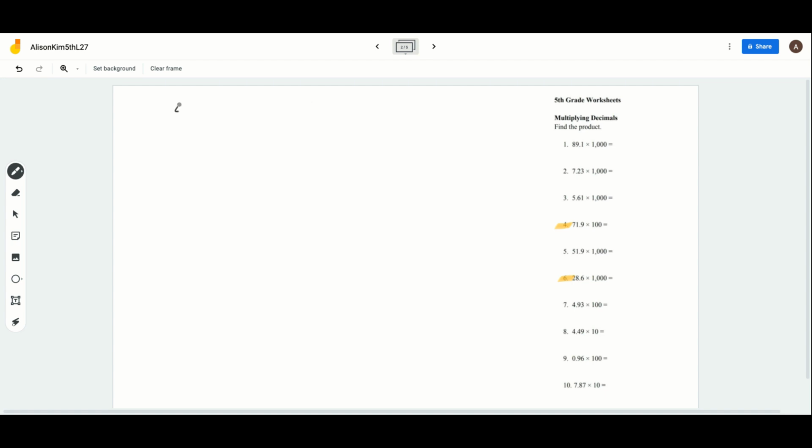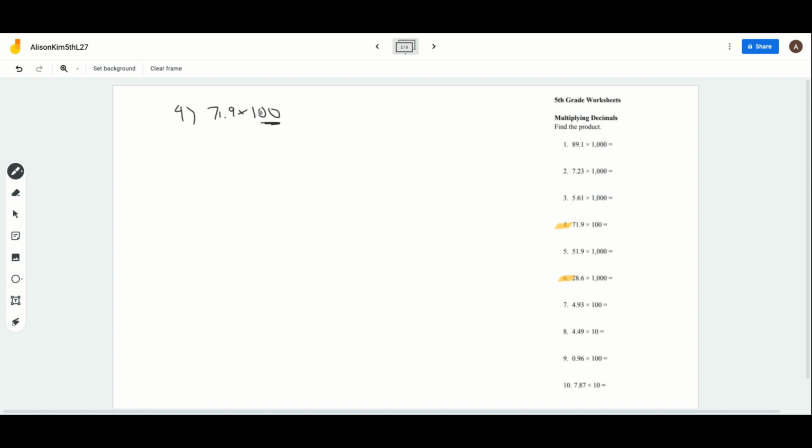So number 4 gives us 71.9 times 100, and the trick is to look at the second number and see how many zeros there are, because that's how many times you move your decimal point to the right.